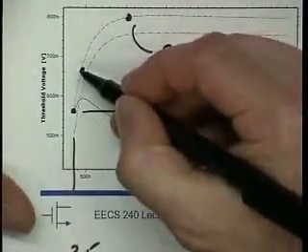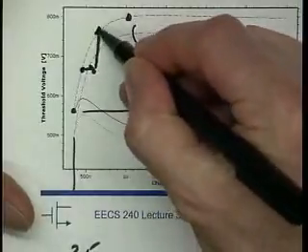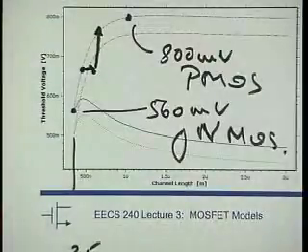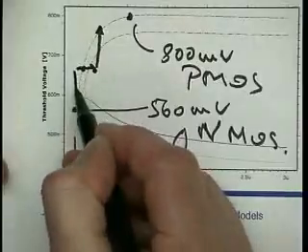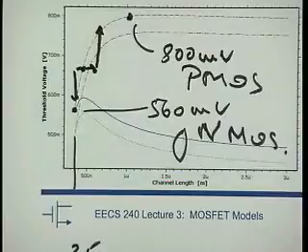Well, if it strays a little bit for this device, it's just a tad bit higher, my threshold voltage changed by a whole lot, or a tad bit lower, I get totally different threshold voltage. So for given lithography capabilities, I would expect my half micron device to show pretty significant threshold voltage variations.